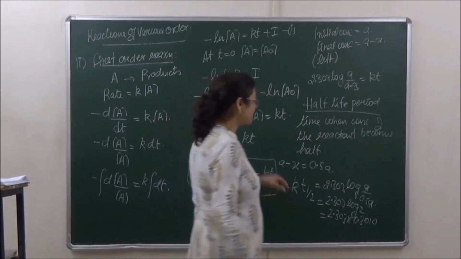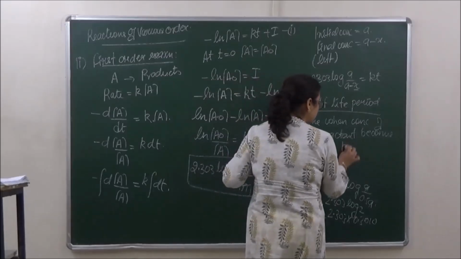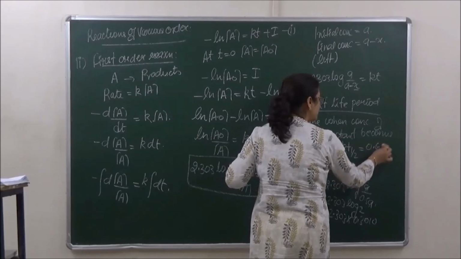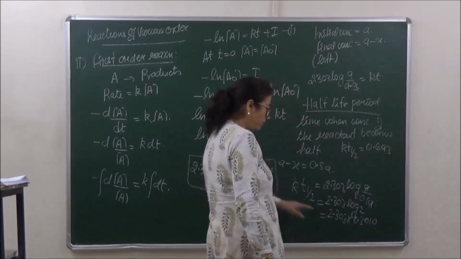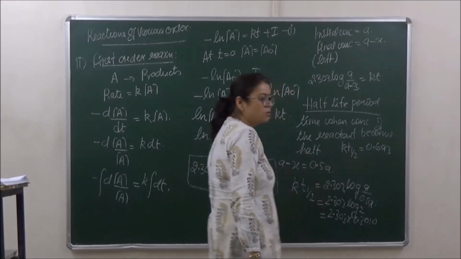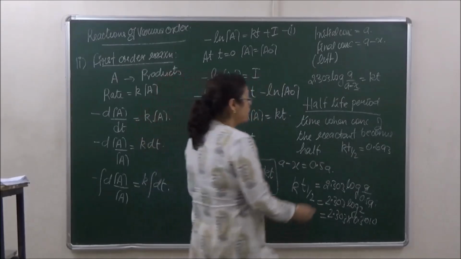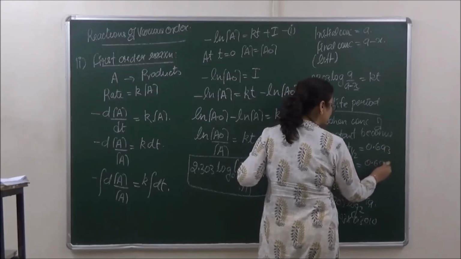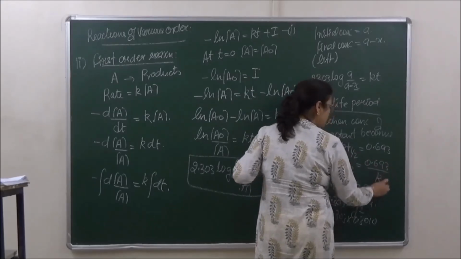So ये क्या आ जाता है हमारा Kt half is equal to 0.693, or T half is equal to 0.693 upon K.